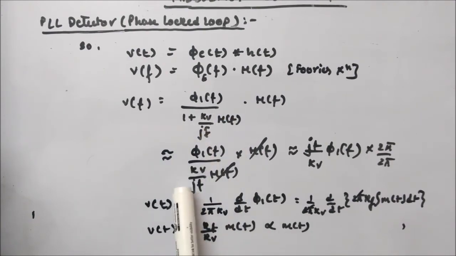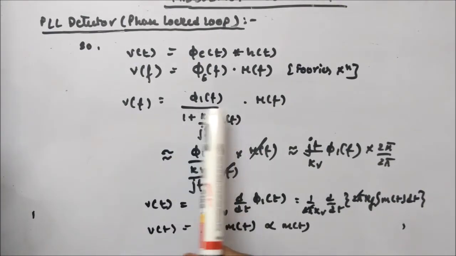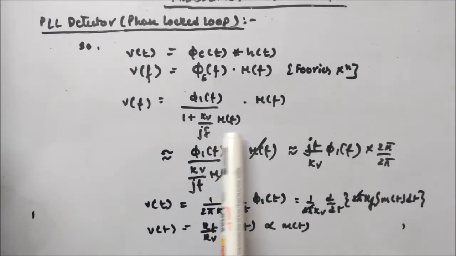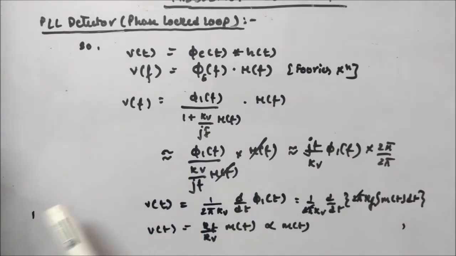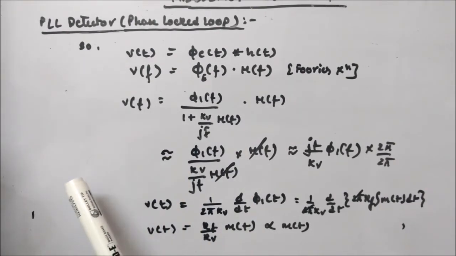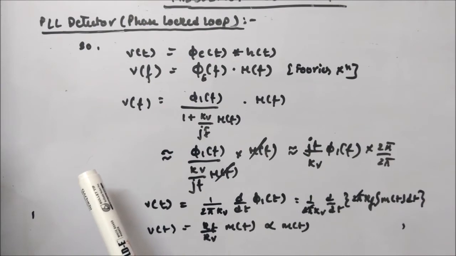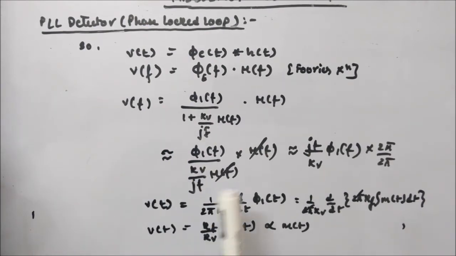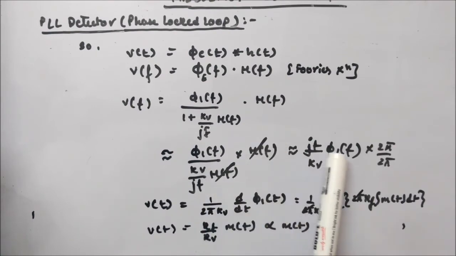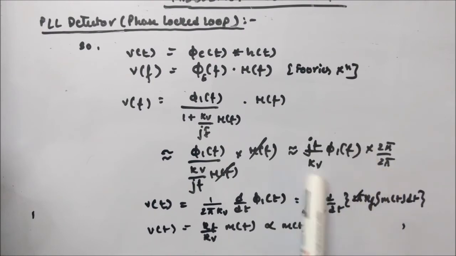That is why I approximated it to kV divided by jf times H(f). This term is approximated to this term since H(f) is very high, to keep the phase error phi e between the phases very small. Now you can see H(f) will get cancelled and you will get jf divided by kV times phi 1(f), this much part.